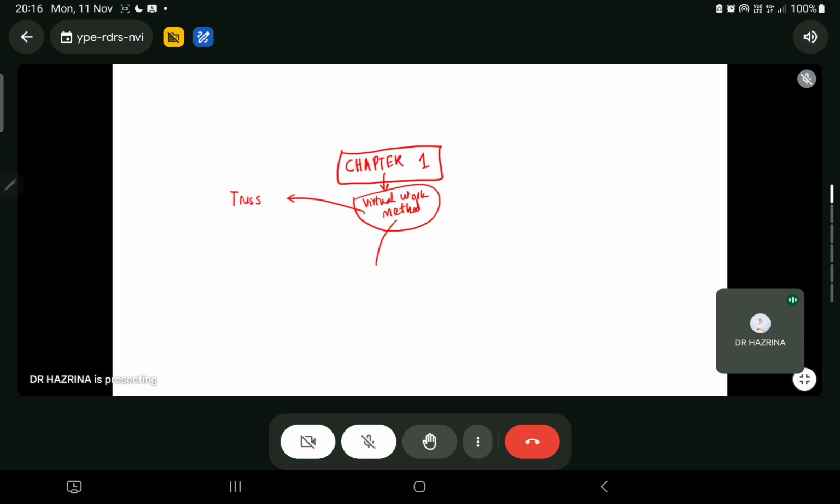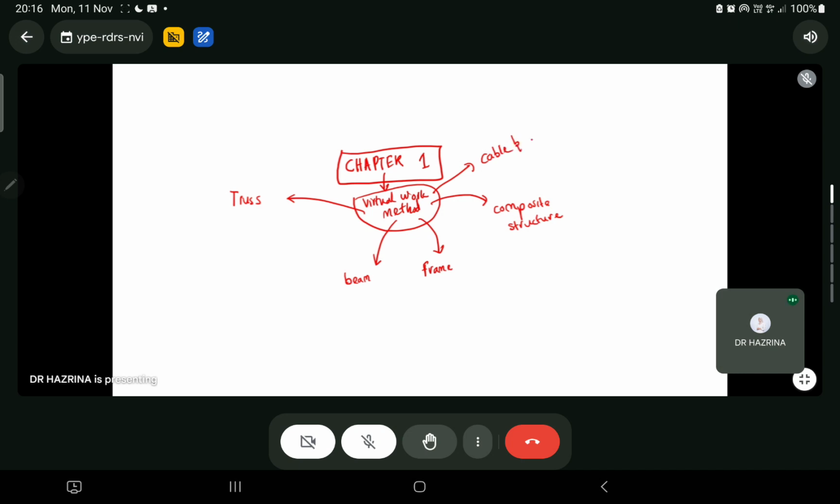And then we applied the virtual work method to beam and frame, whereby the beam and frame have similar characteristics in finding the displacement and the rotations. And we have a composite structure. And the other one, we have a cable and arch.